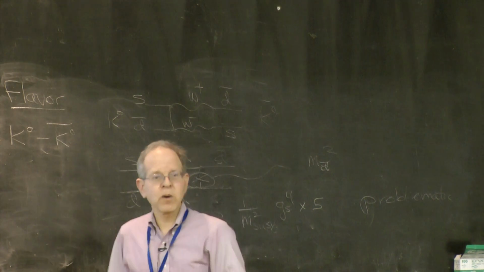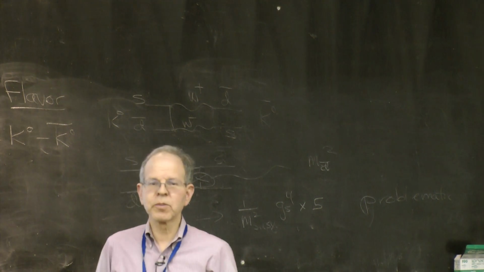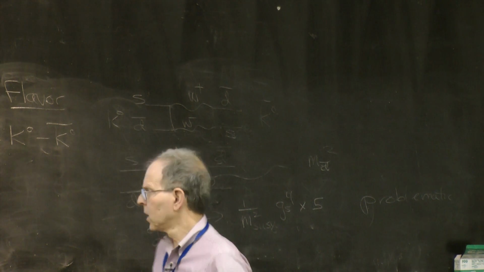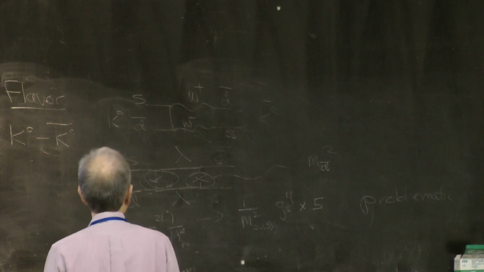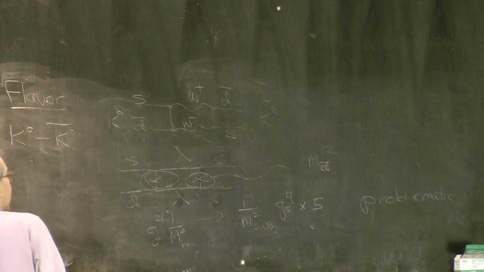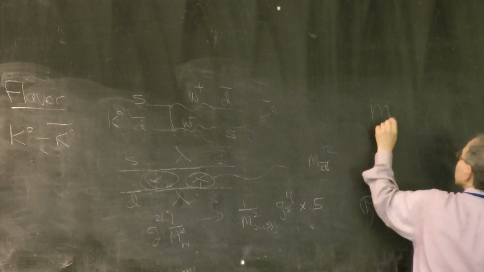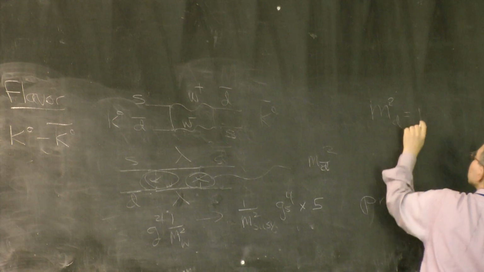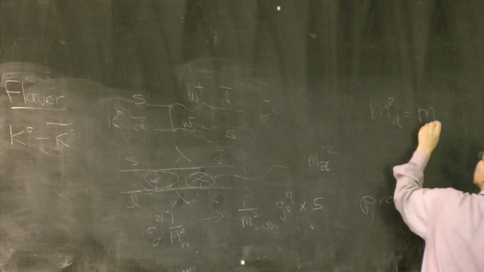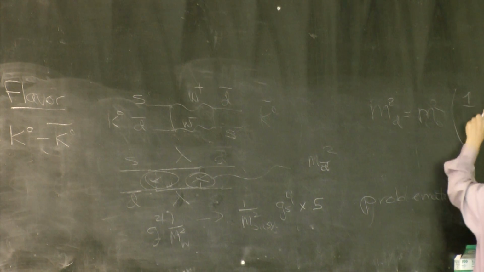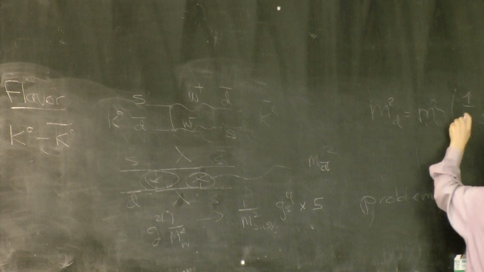And so what everybody who works on supersymmetry does is assume, for one reason or another, that these terms are small. The typical assumption people make is that these matrices, which are in general 3 by 3 matrices, and for unknown reasons, they'll assume these are some mass squared times the unit matrix.